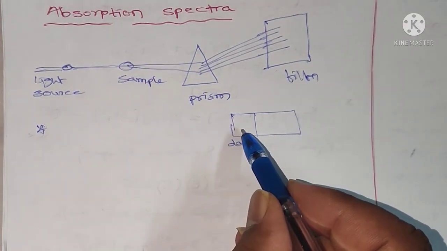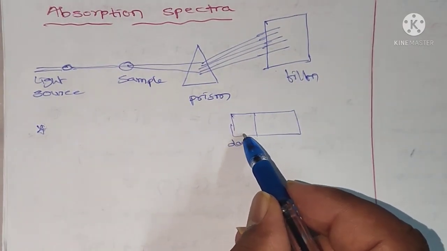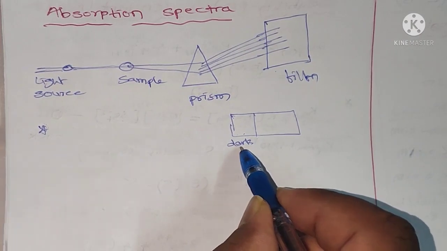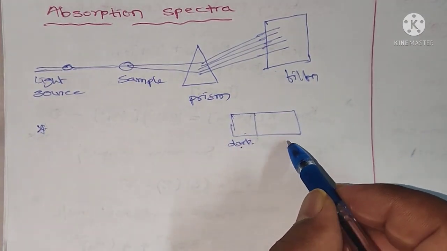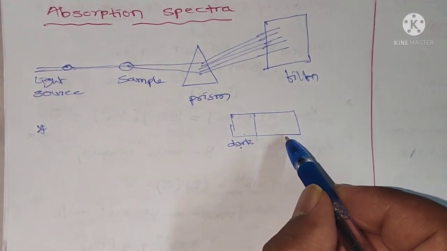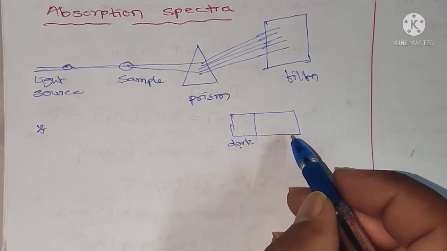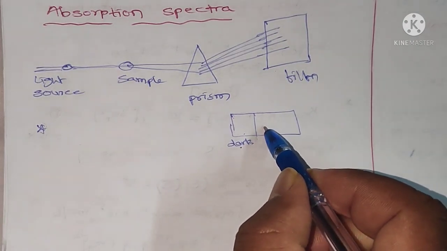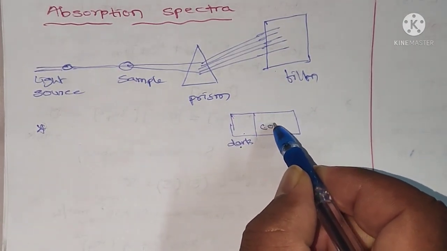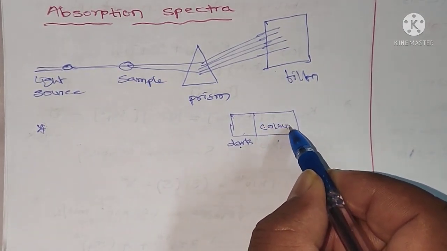This observed wavelength of radiation appears as a dark space, and the remaining wavelengths give the color band, the spectra.